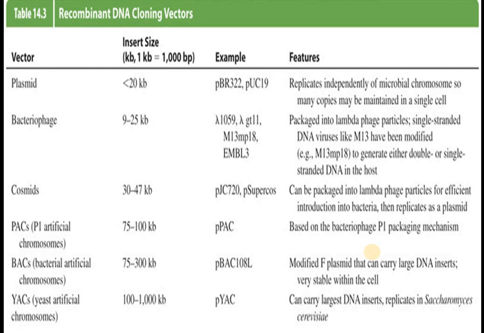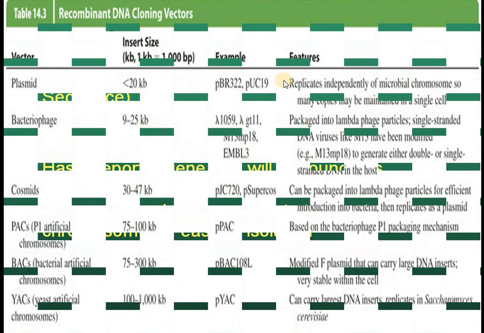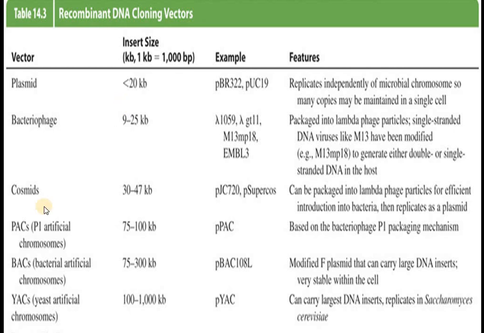Okay, so there are different types of vectors: plasmid vectors, bacteriophage vectors, cosmid vectors, and artificial chromosome vectors, then bacterial artificial chromosome and yeast artificial chromosome. The first one is the plasmid vector. What is meant by plasmid?